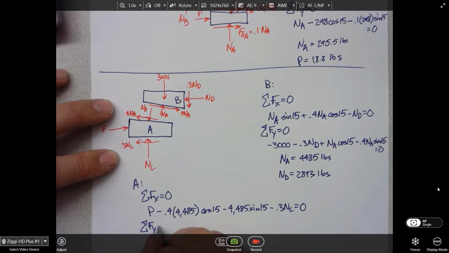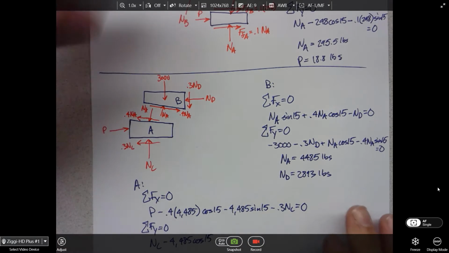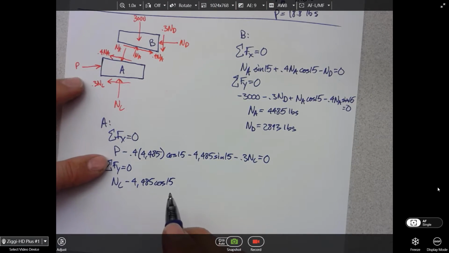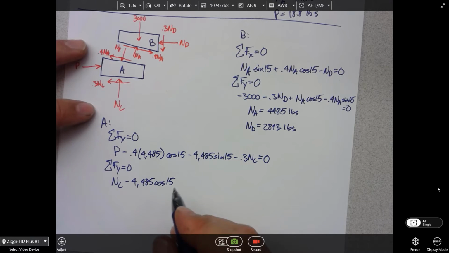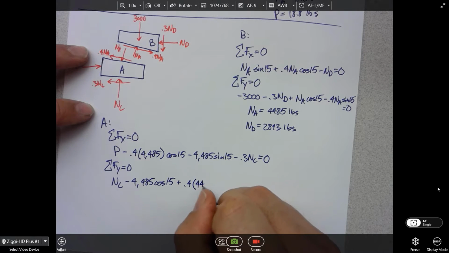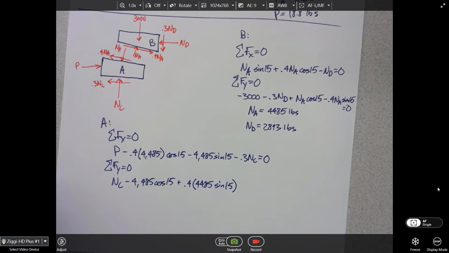And in the y direction, I'll have NC minus 4,485 cos 15, and we'll also have a little bit, so plus 0.4 times 4,485 sine 15 equals 0.